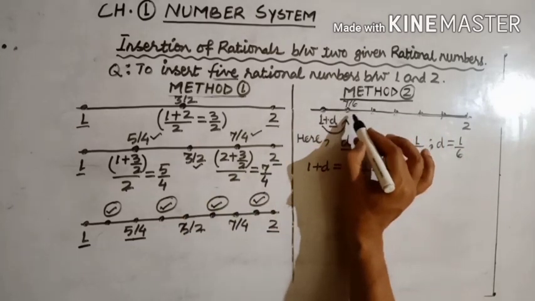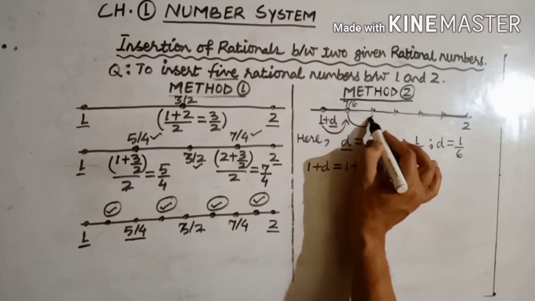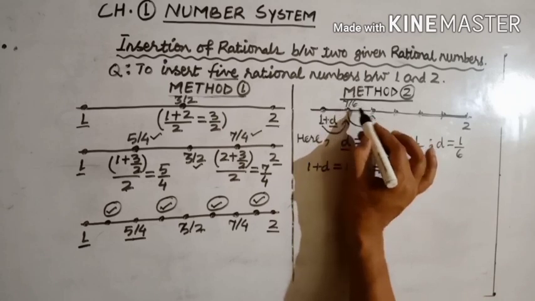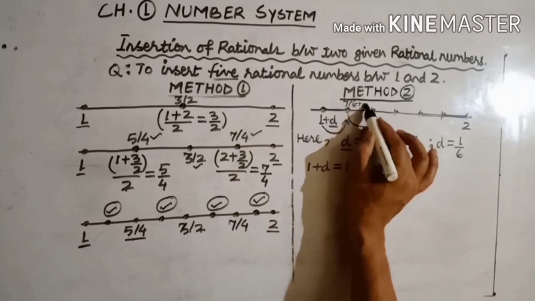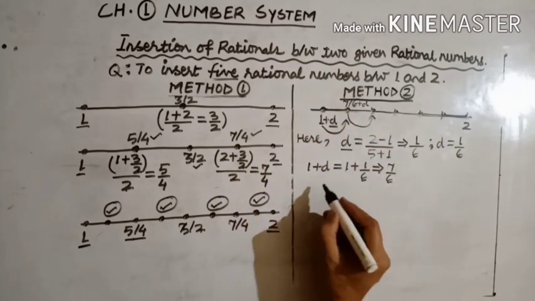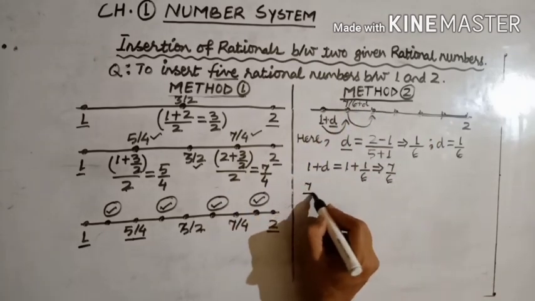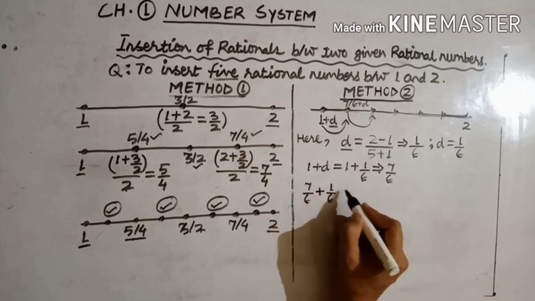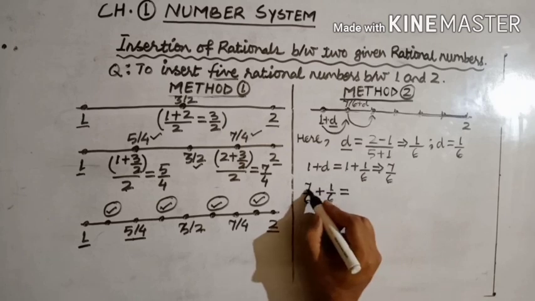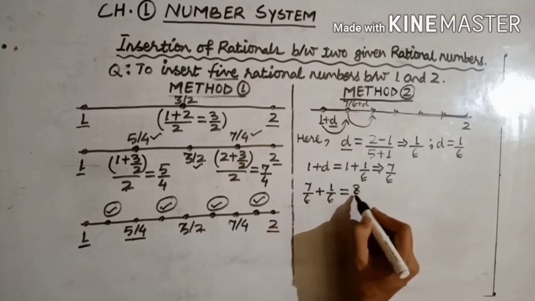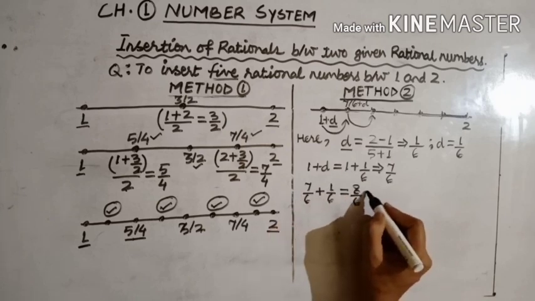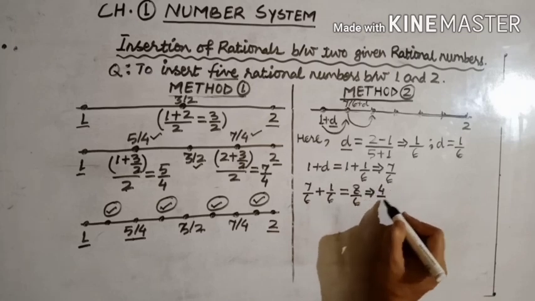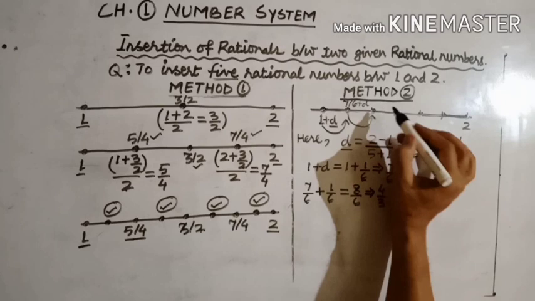Similarly, after 7 by 6, to achieve the next rational number, we add D to 7 by 6. So it is 7 by 6 plus 1 by 6 equals 7 plus 1, 8 by 6, or in simplified form 4 upon 3.